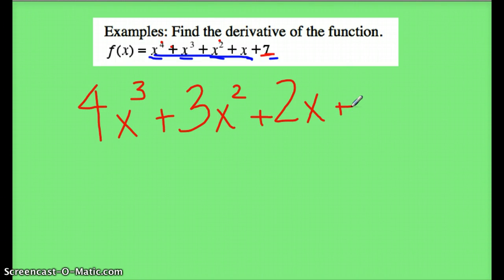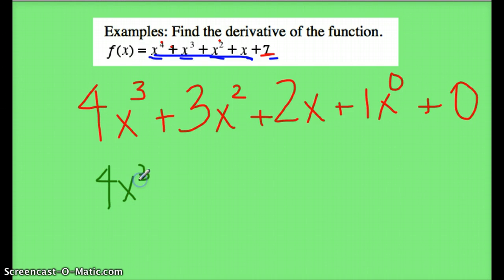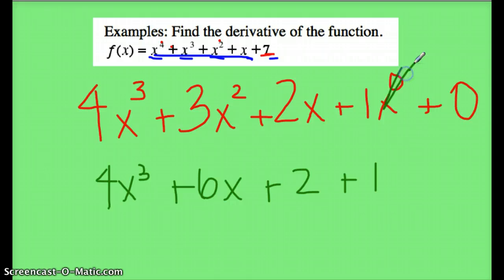Plus x, well, the power of x is 1, and I'm going to get x to the 0 power. The final term is a constant, and we said the derivative of any constant is 0. So I'm going to simplify these terms and I'm going to get 4x cubed plus 6x plus 2 plus 1, because any variable or any number to the power of 0 is always equal to 1.